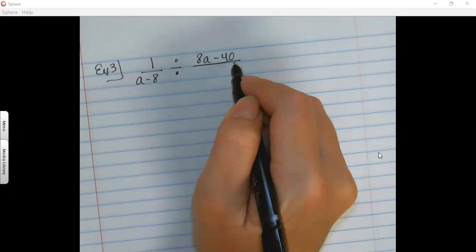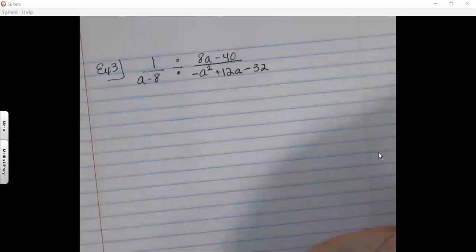So that denominator is negative a squared plus 12a minus 32. Okay, there we go. So it is division.